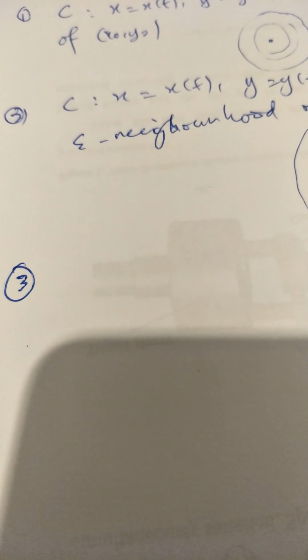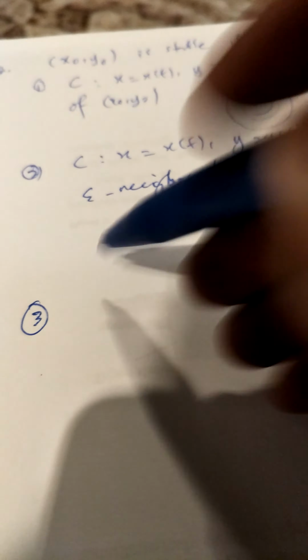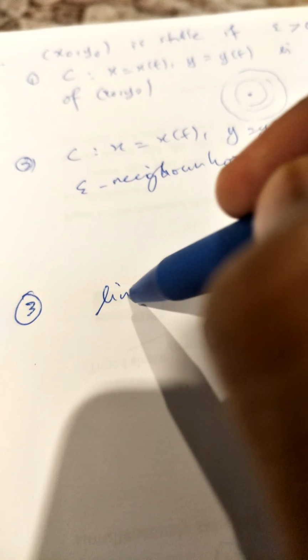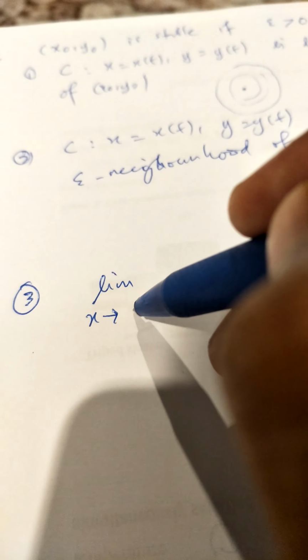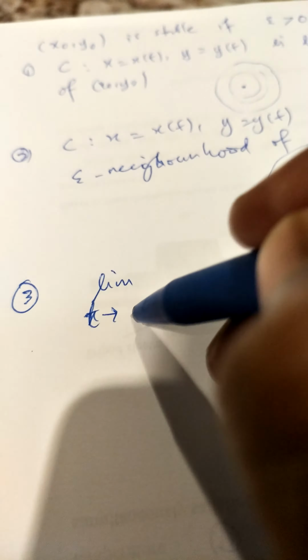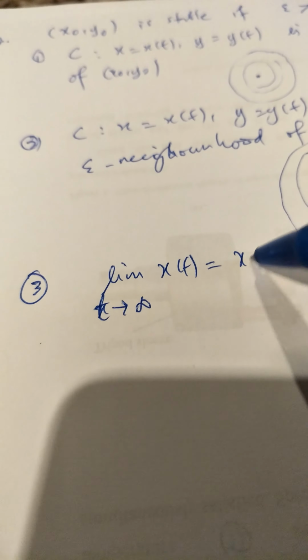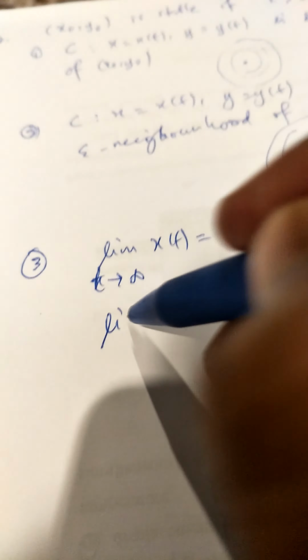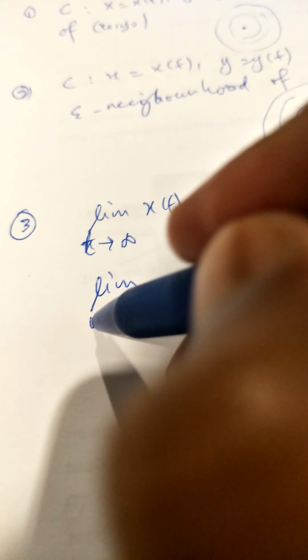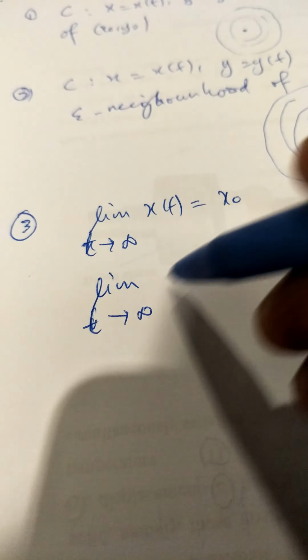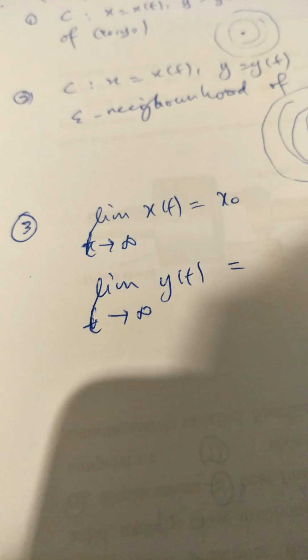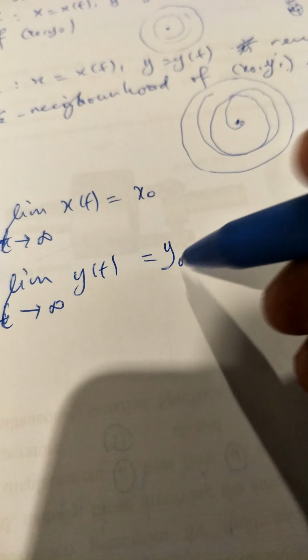And the third condition is that if we take a limit, the limit of x(t) as t goes to infinity is equal to x0, and the limit of y(t) as t goes to infinity gives you y0.